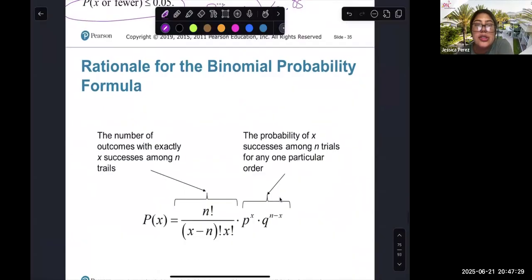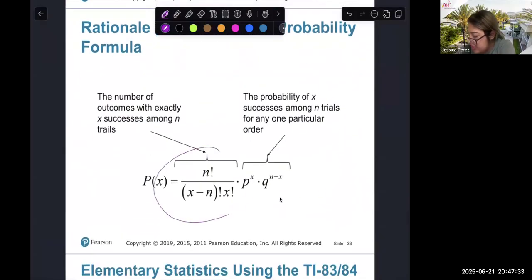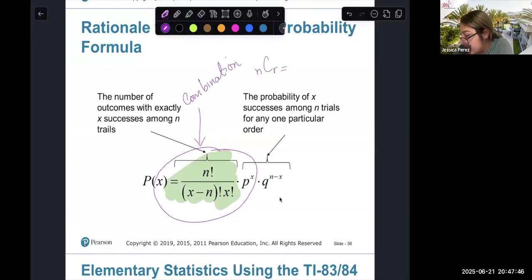Okay, so what's the rationale behind the binomial probability formula? Well, remember that this is actually just this part, this highlighted green area. This is a combination. This is the beginning of nCr: n factorial over n minus r factorial, r factorial.